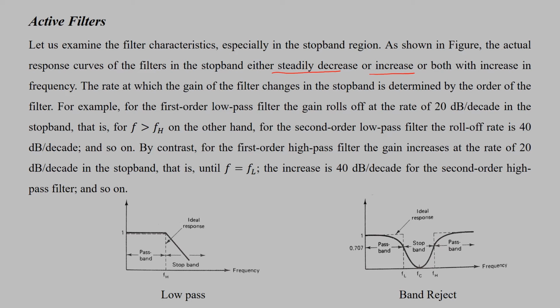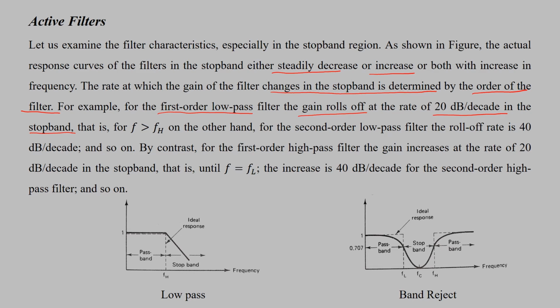The rate at which the gain of the filter changes in the stop band is determined by the order of the filter. For example, a first order low pass filter will have gain roll off at 20 dB per decade in the stop band because it will be using one capacitor only.